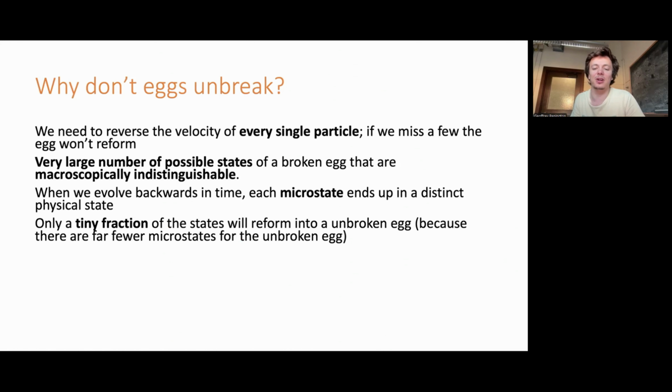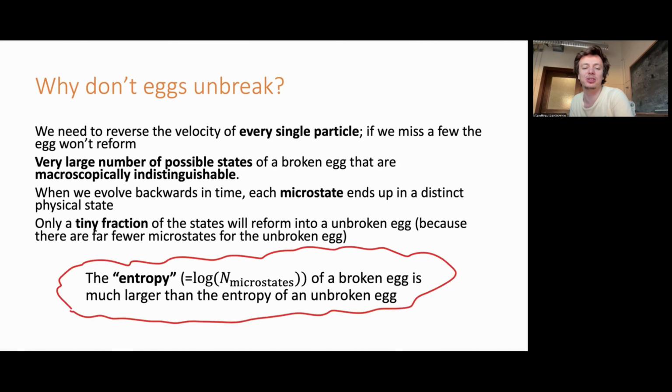Because there just aren't very many, by comparison, states of an unbroken egg, only a tiny fraction of the broken egg states can reform into an unbroken egg. So it's a very unlikely process. And the way we capture this, of course, is the statement that the entropy of the broken egg is larger than the entropy of the unbroken egg, and it is very unlikely for entropy to decrease macroscopically. That's the second law of thermodynamics.